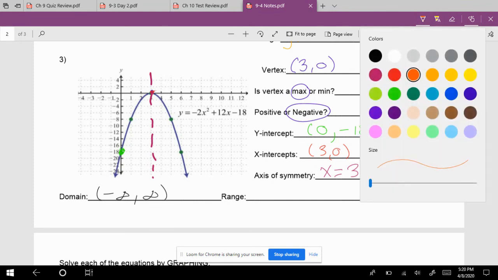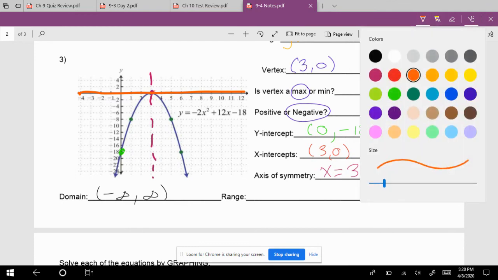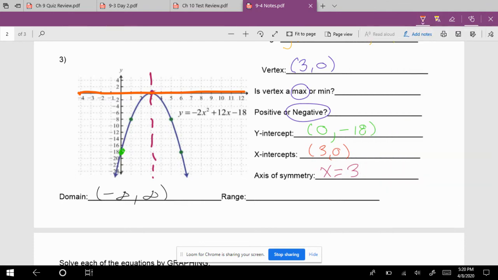If I drew a line that I don't go any higher than, that line happens to be my x-axis. The equation of that line is y equals 0. So I am less than or equal to 0 for all the y's that I use. In interval notation, I'm going from 0 to negative infinity. Negative infinity is the smaller of the two numbers, 0 is the larger, and I can equal 0, so that has a bracket.